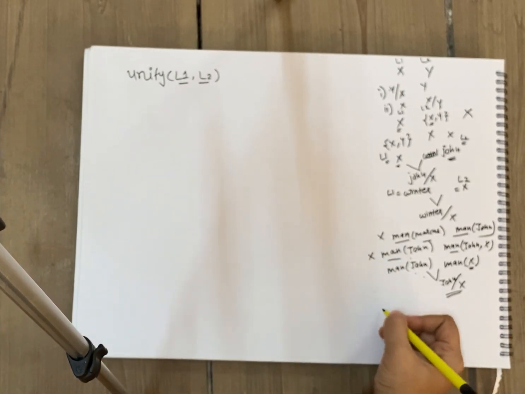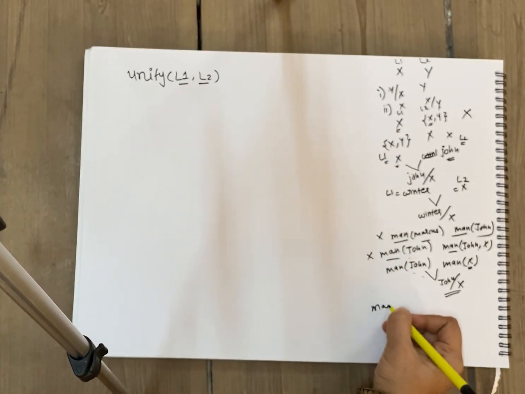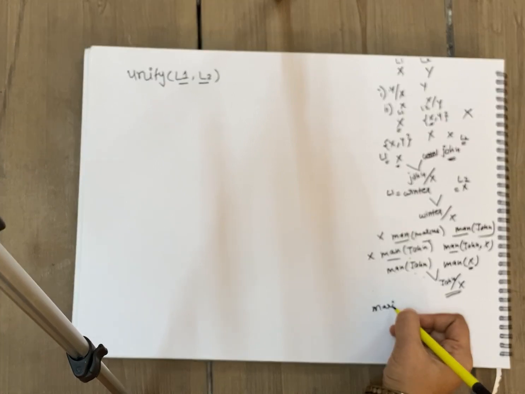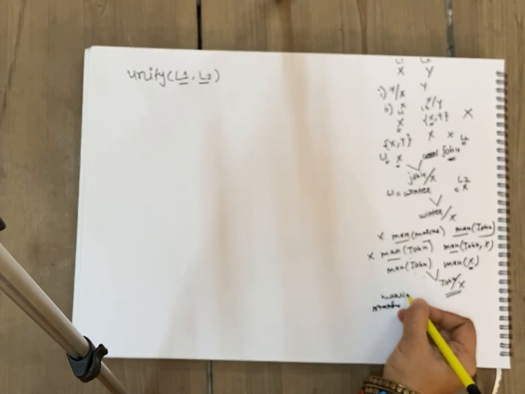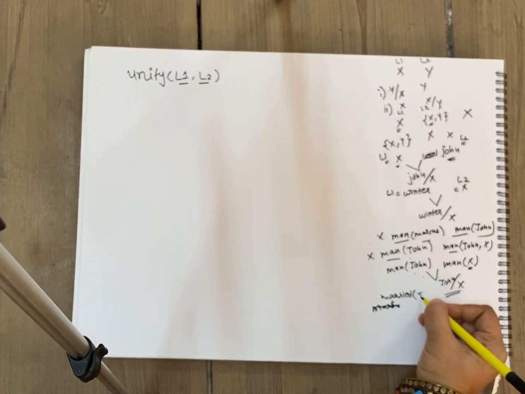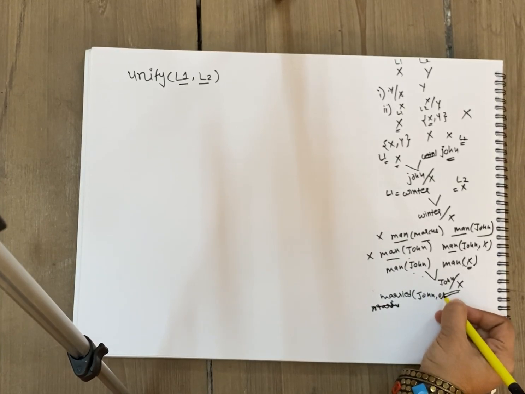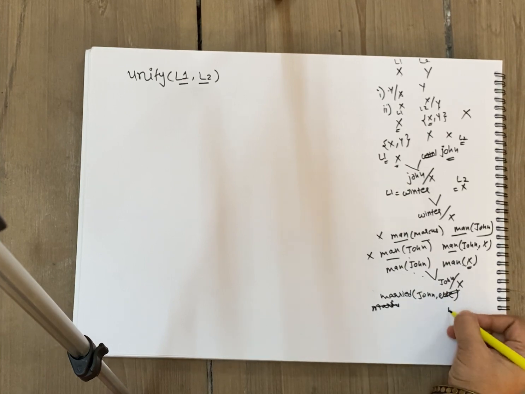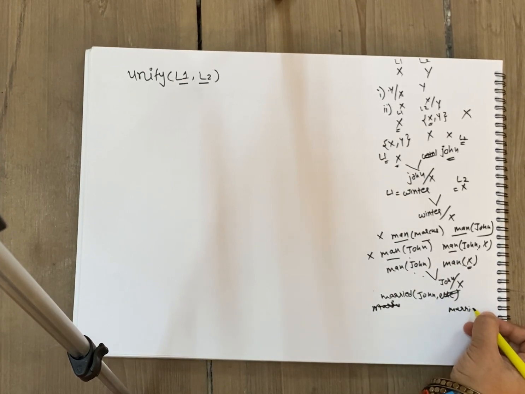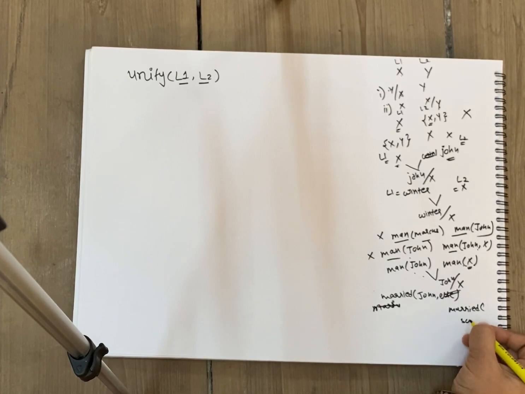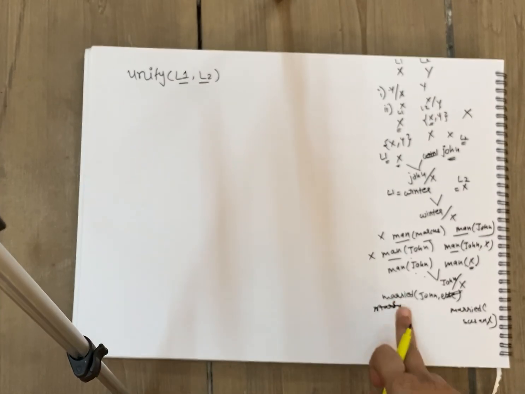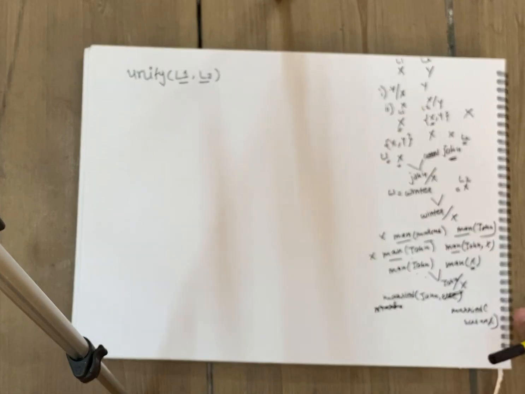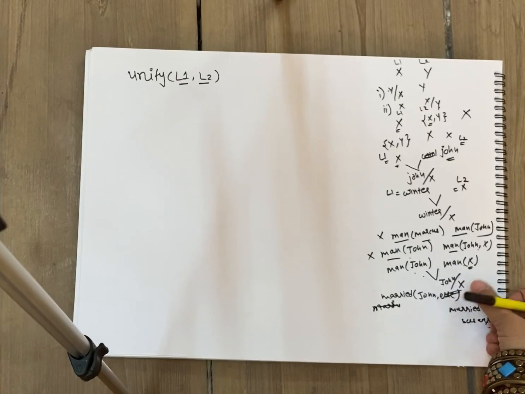So if it is something like, let us say, married(John, Ele), and the second clause is married(Susan, x). Now if you try to unify them, what is going to be the problem? The name of the predicate is the same. Here you have variable x, so x can be replaced by Ele.